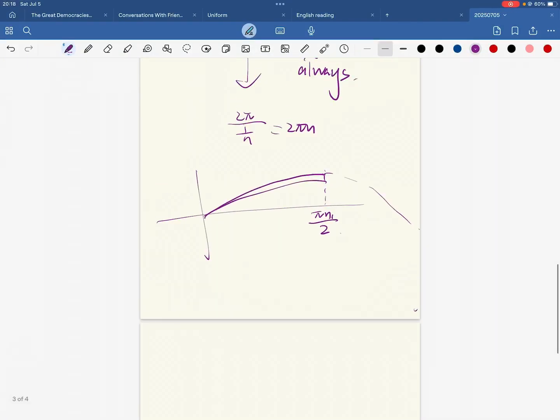So we could draw a picture. We say it's always increasing.